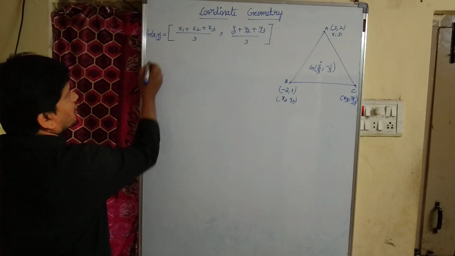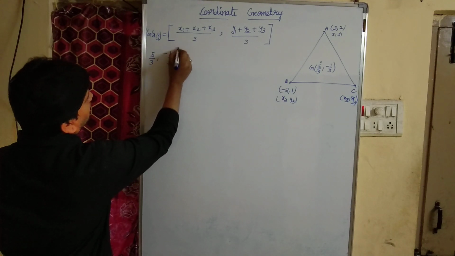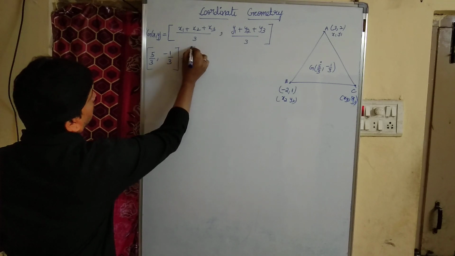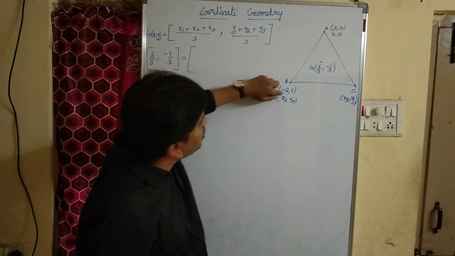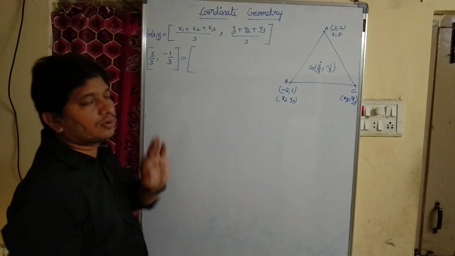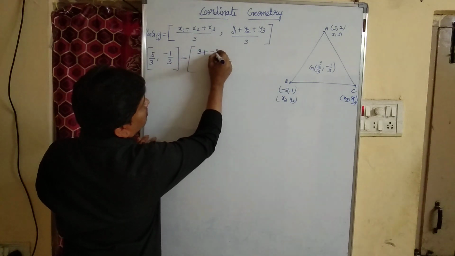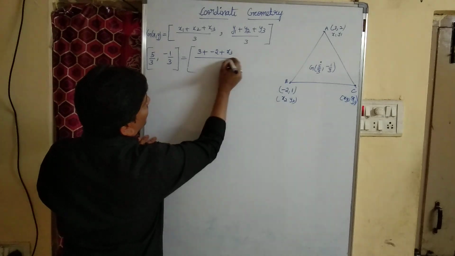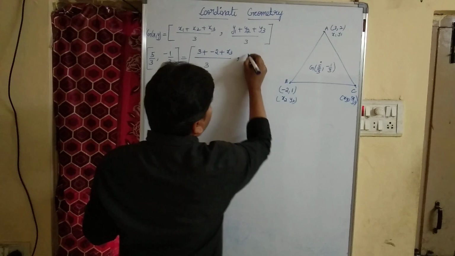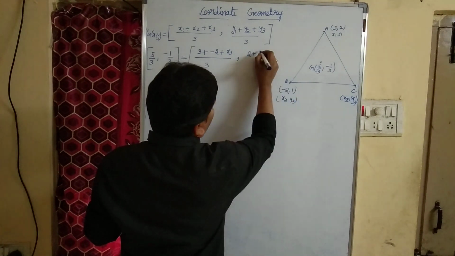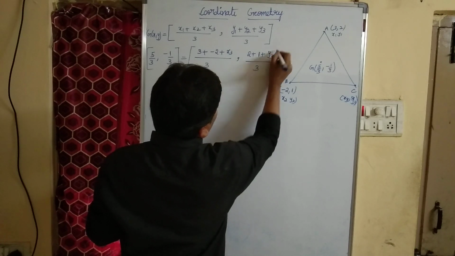Given the centroid whose x coordinate is 5 by 3 and y coordinate is minus 1 by 3, equal to x1 is 3 and x2 is minus 2 and we don't know x3, let it be x3, by 3, comma, y1 is 2 plus y2 is 1 plus y3 divided by 3.